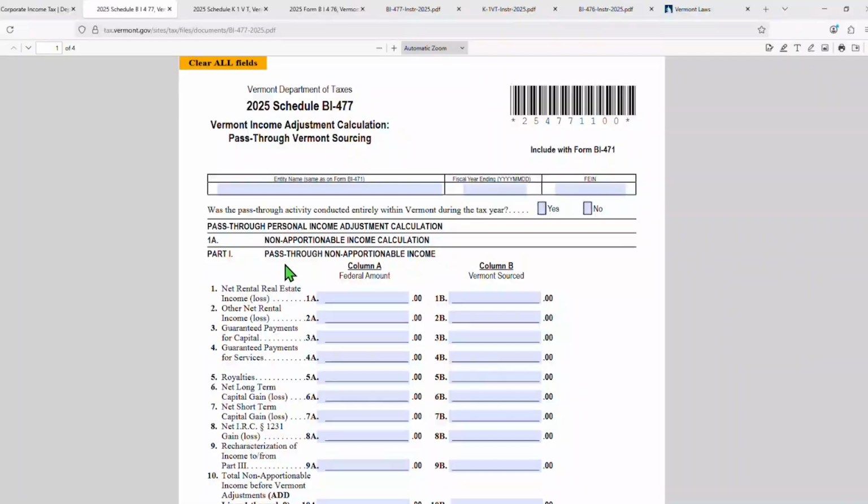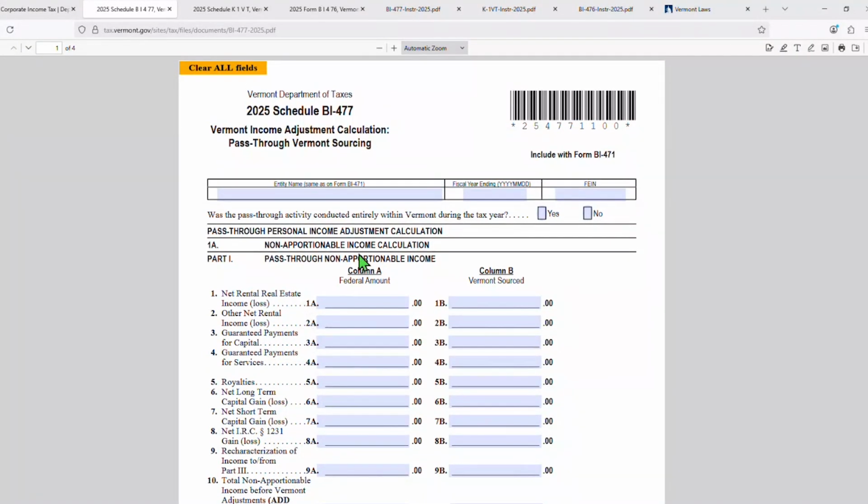So let's go ahead, and I know I've got that already up here. Right in the title, and we are still actively soliciting suggestions for a more streamlined title to this schedule. We just did not get to that level of detail yet, but it's accurate if clunky: the Vermont income adjustment calculation passed through Vermont sourcing.